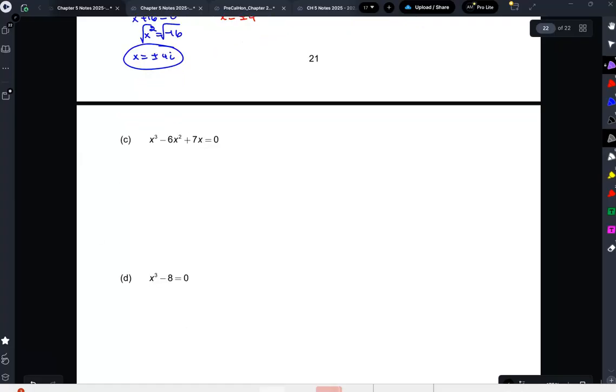Okay. What do we do here? What do you think? Factor out the x. Okay, so from here, I know that x equals 0. Can the other one be factored?